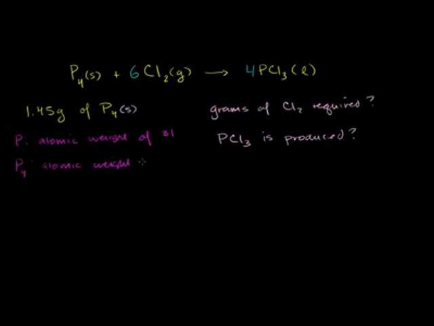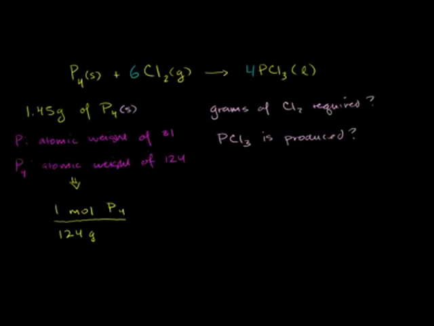It's 124, which means that 1 mole of solid molecular phosphorus is going to have, since we're doing grams, a mass of 124 grams. Now, given that, we can use that with this information to figure out how many moles of molecular phosphorus we have, solid molecular phosphorus.